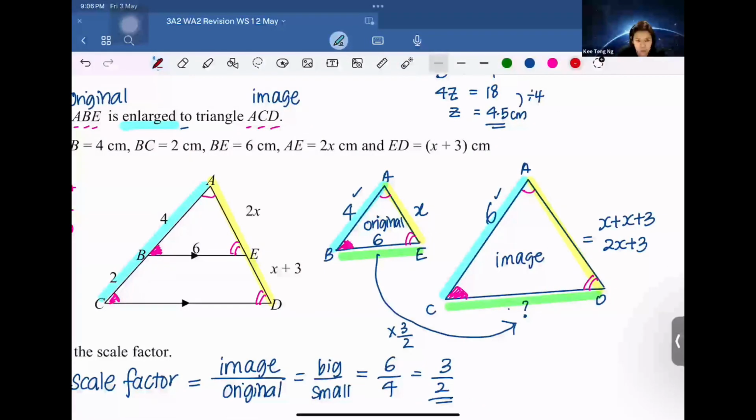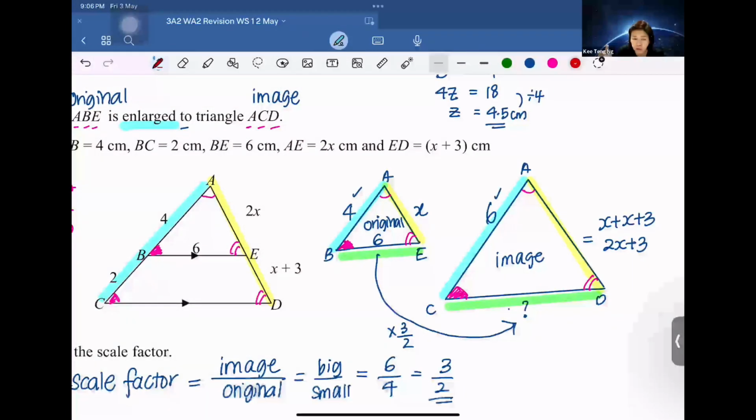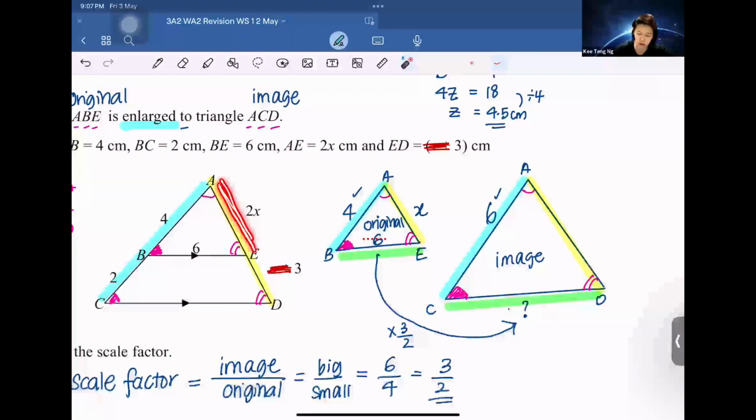I know where the problem is now. There's a little bit of a problem over here. I need you all to help me do the following. Can you please change this portion into just the length 3 cm only? That means over here, my length on this side is 2x.